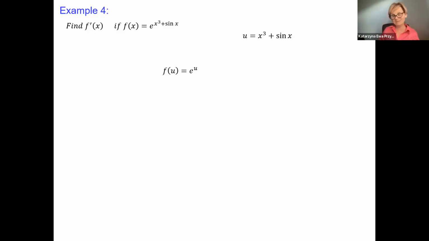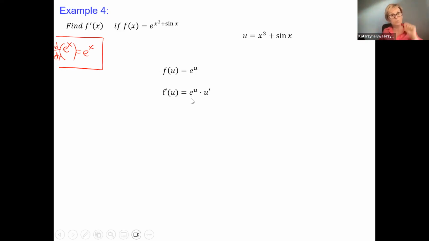E to the u. What's the derivative of e to the x? The derivative with respect to x is just the same function. Yes, e to the x is just e to the x. Then e to the u is just e to the u. But we will multiply by u prime. The derivative of e to the u is e to the u times the derivative of that exponent u, which is u prime.